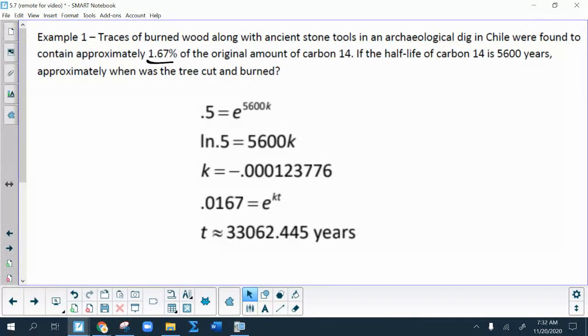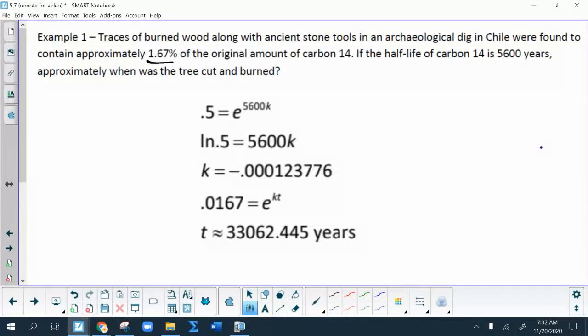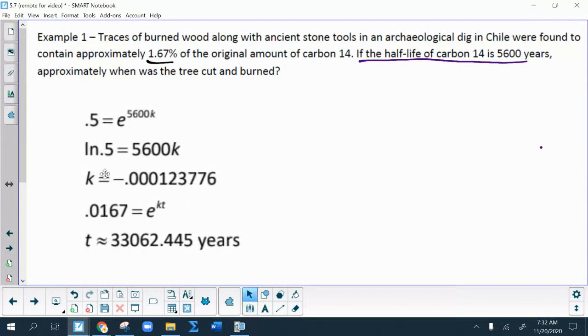Remember that they do carbon-14 dating to help figure out how old something really old is. This is the important piece of it, and if you're in chemistry, you may have already worked with this. The half-life of carbon-14 is 5,600 years. Half-life, and I think I'll type this over here for you.